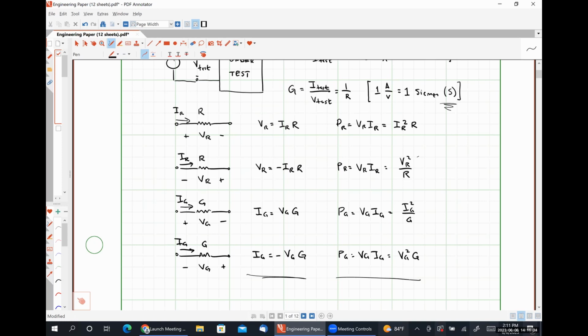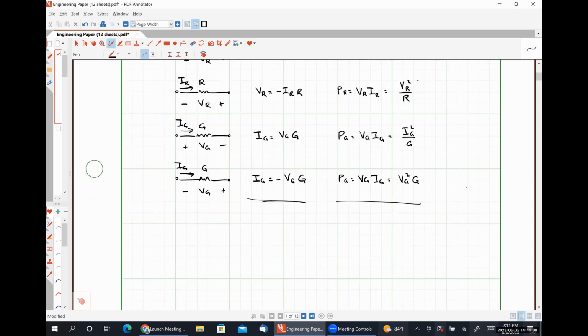So let's talk a little bit more about these concepts of resistance and conductance.